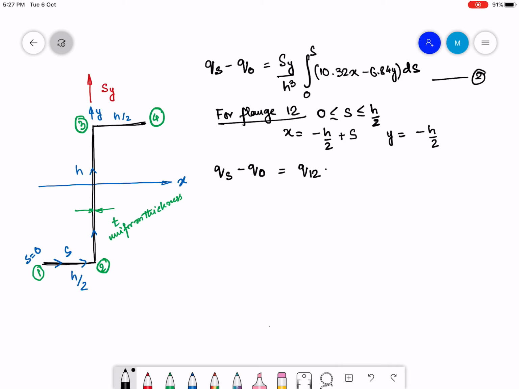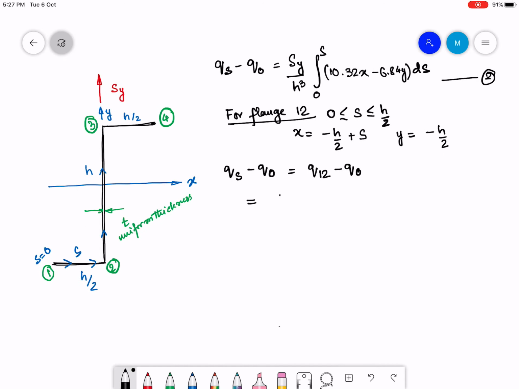My s is varying between 1 and 2, so q12 minus q0 is going to be equal to sy by h cube, integral 0 to s, 10.32 into minus h by 2 plus s, minus 6.84 into minus h by 2, with the integral ds.